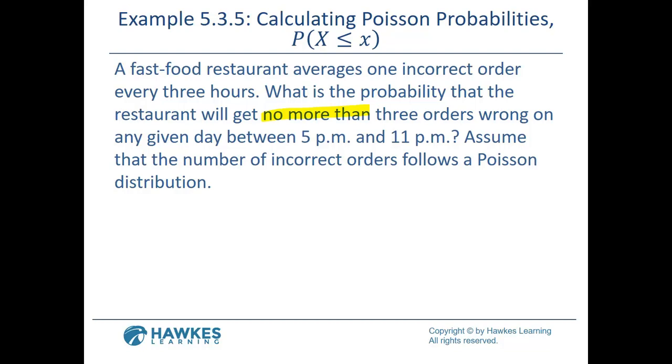Now, we're going to assume that the number of incorrect orders follows our Poisson distribution. There can be a little bit of dependence with orders in a restaurant, but we're going to assume that these are all independent of each other. But the key phrase there was "no more than." When we say no more than 3 orders wrong, this allows us to use not just an exact number for probability, we are looking at a cumulative probability.